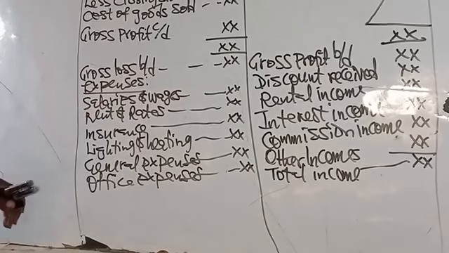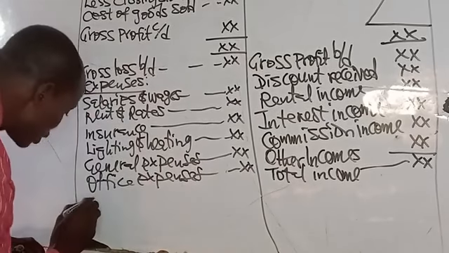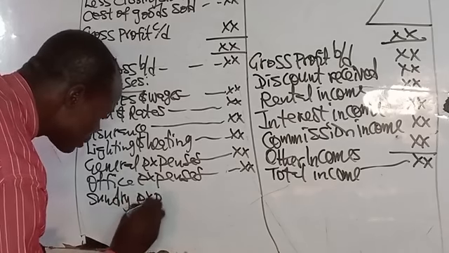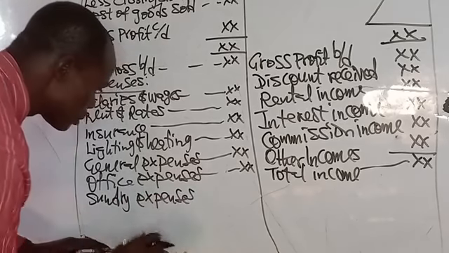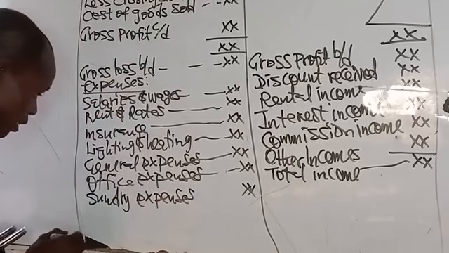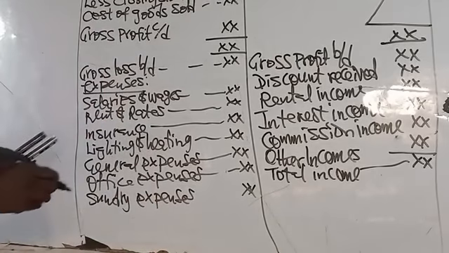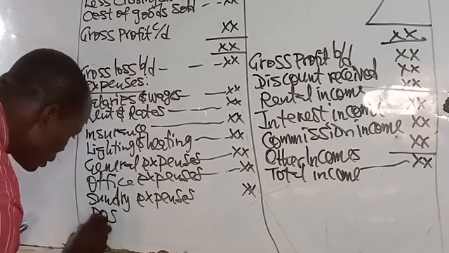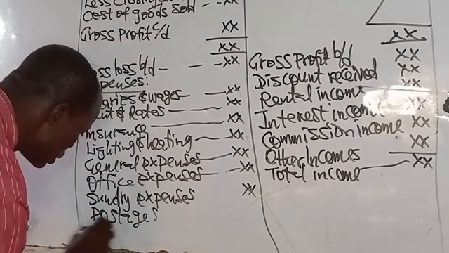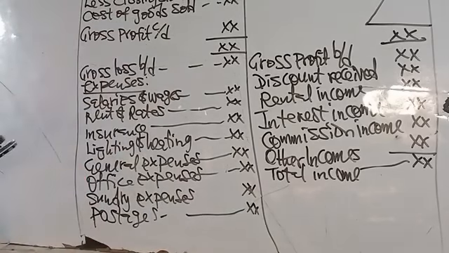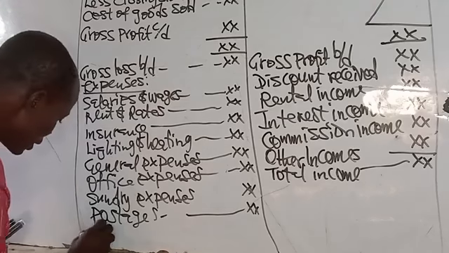Then you may also have carriage. Let me say you have sundry expenses. Then you may have postages. You may have telephone expenses.